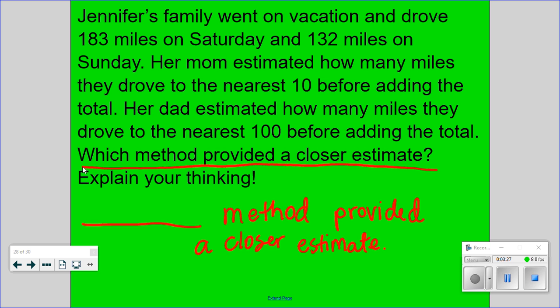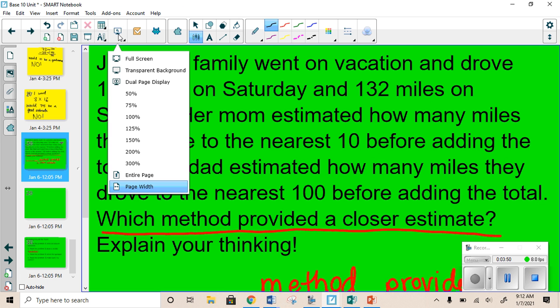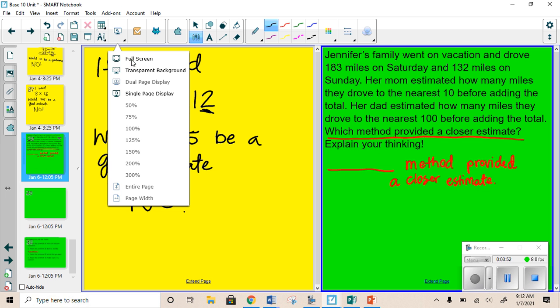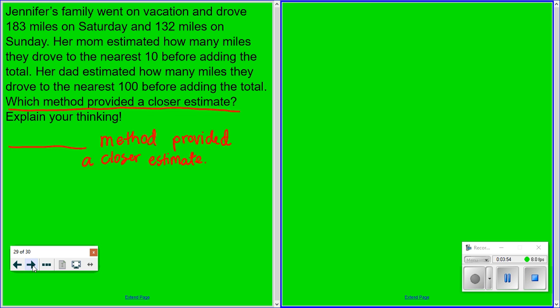Closer estimate means we want to find something that's closest to the actual answer. So a closer estimate means something that's close to our actual answer. Alright.